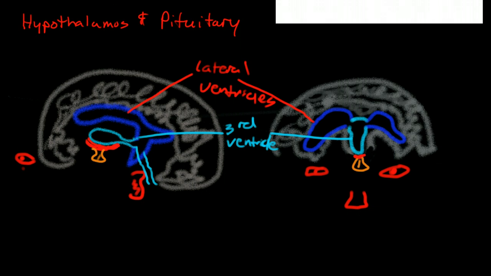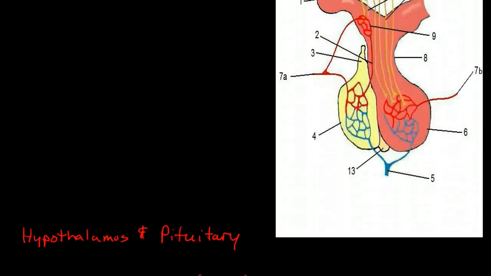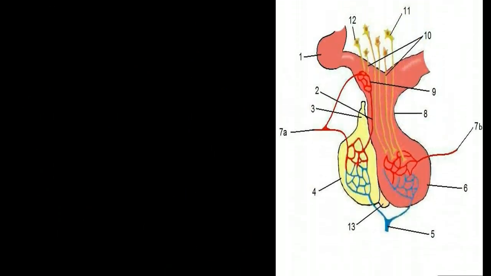Alright, so let's get a close-up view. I'm going to move up here to a picture that I have of the pituitary gland. Now you can see up here is a collection of nerves. So this here is actually the hypothalamus. And within the hypothalamus there are a number of nerve bodies, some of which extend into the pituitary gland.